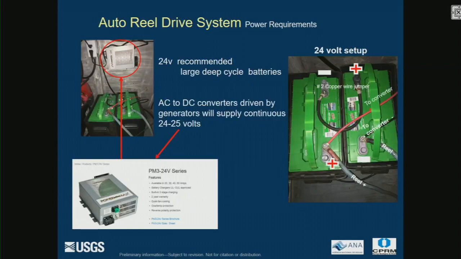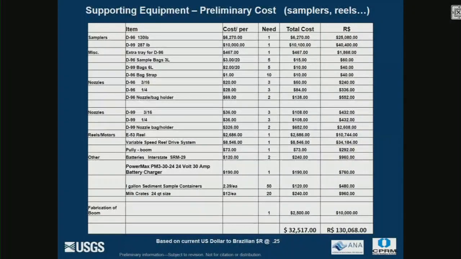It really alleviates having to unload the batteries and spend that kind of time. We can spend our time on other things. So this is a list of sampling things that are involved in these large river type samples.